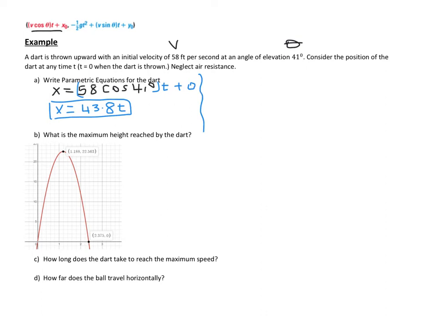So for the vertical distance, I'm just going to plug in what I know from that equation.